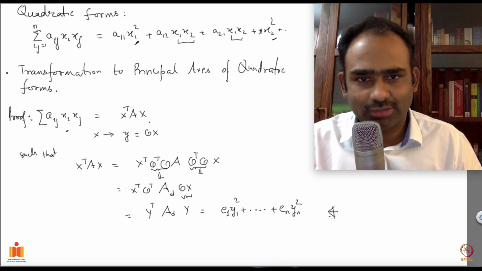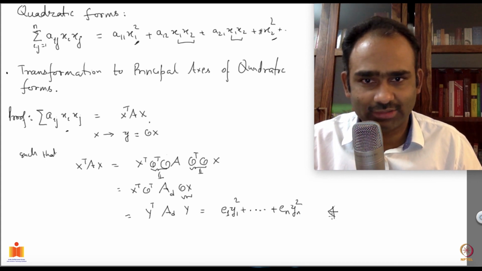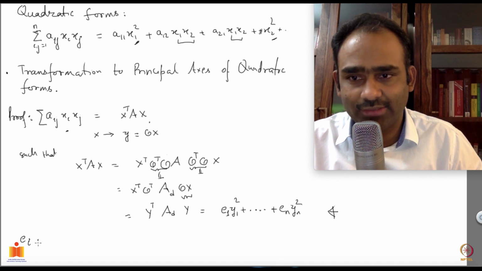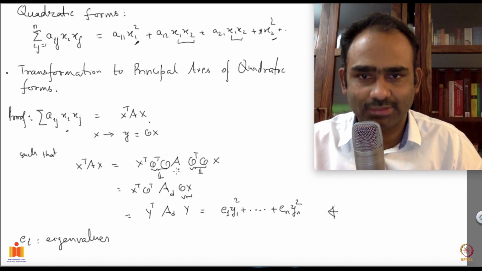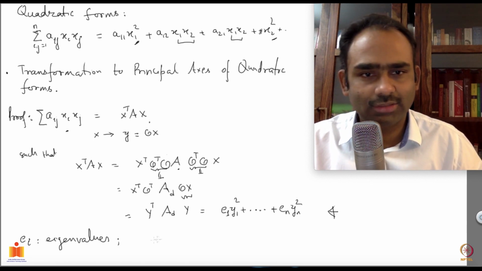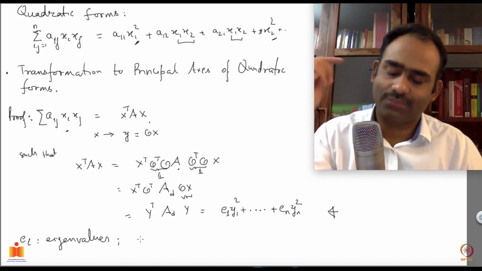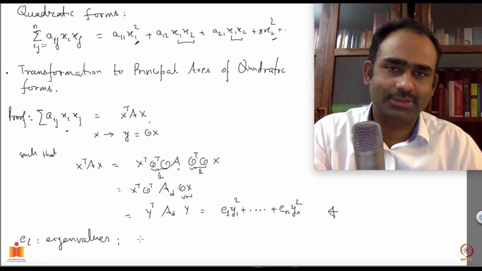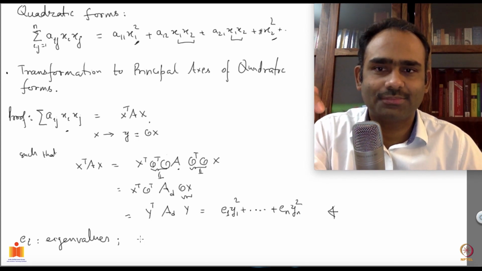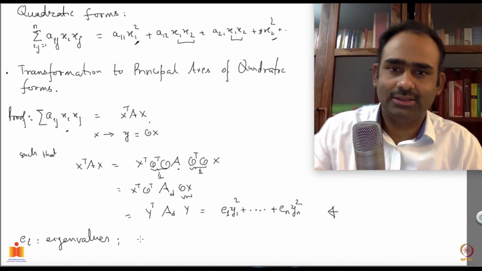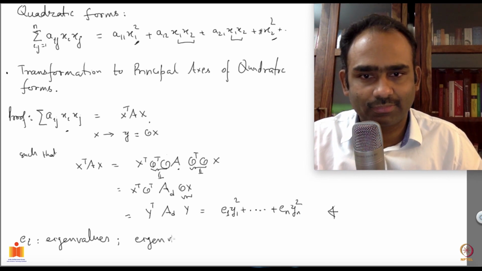It's also clear, and if it is not, then you sit down and convince yourself that these Ei's are the eigenvalues of the matrix A. And also convince yourself that the orthogonal transformation that we have done puts your coordinate axes along the eigenvectors of A, and these eigenvectors are called the principal axis vectors.